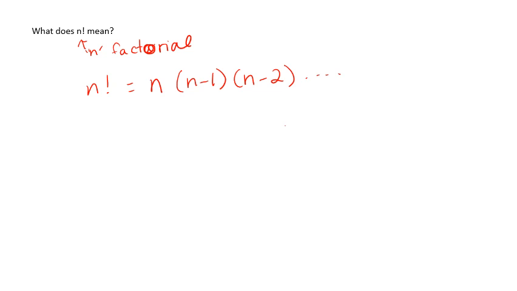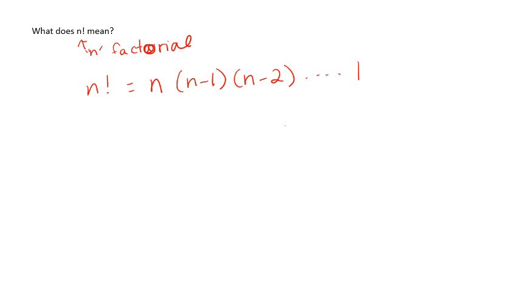All right, so first thing we need to talk about is a new operation in math, and that is called factorial. So what does n factorial mean? The exclamation point means factorial. So n factorial means you're going to multiply a number, then you're going to multiply the next number down, then the next number below that, and so on until you get to the number 1.